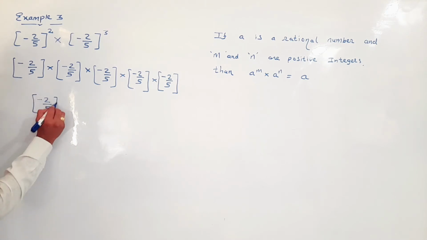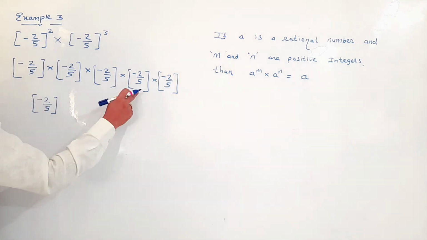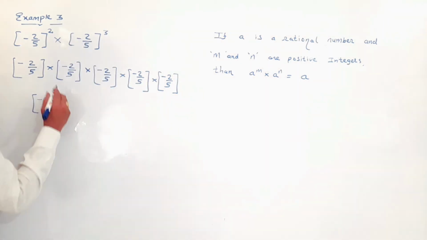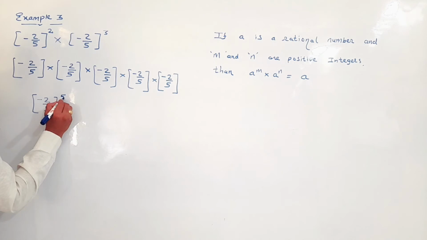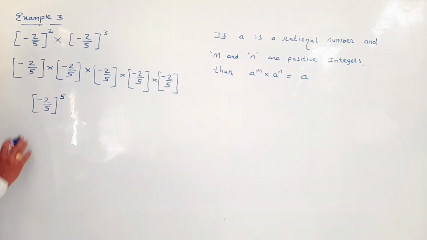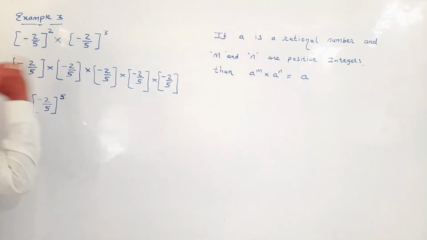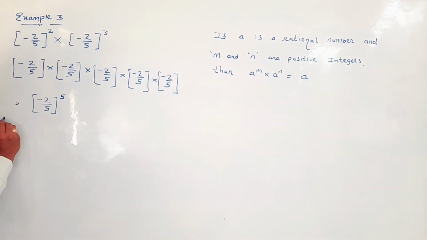How many times is it multiplied? 1, 2, 3, 4, 5. So we can write 5 as the index number. So we will get the answer minus 2 by 5 raised to 5.